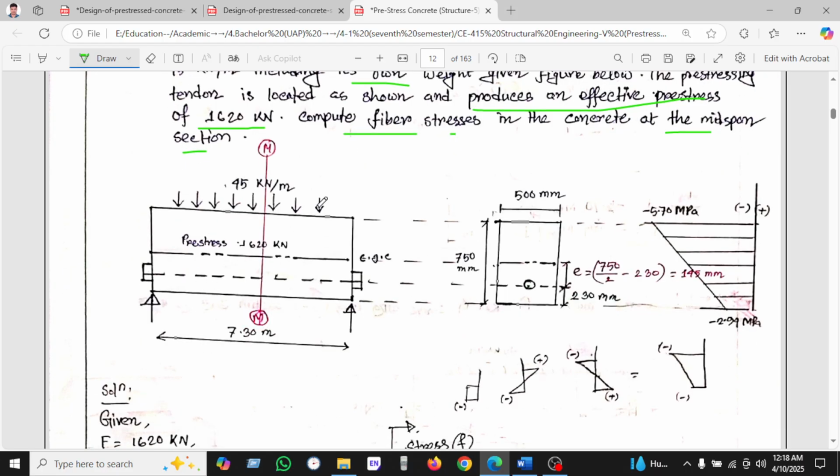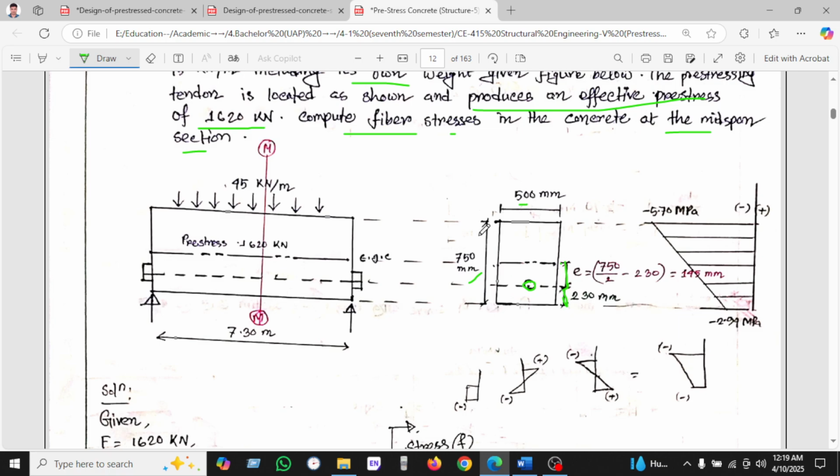We can see the prestress load is 1620 kilonewton as the jacking force, the 45 kilonewton per meter is the UDL, and the length is 7.3 meters. The CGS is given here. The section is 500 by 750. As the location of the tendon is given as 230, we can calculate the e value.